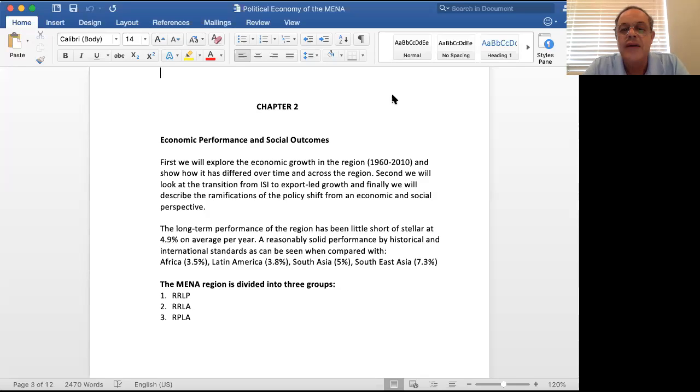Okay. So today we're going to start with chapter 2, which deals with economic performance and the social outcomes in the MENA region as a whole from 1960 to about 2010.